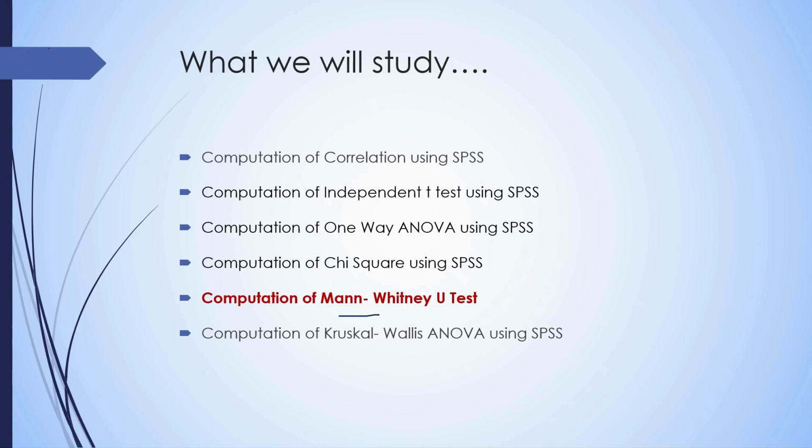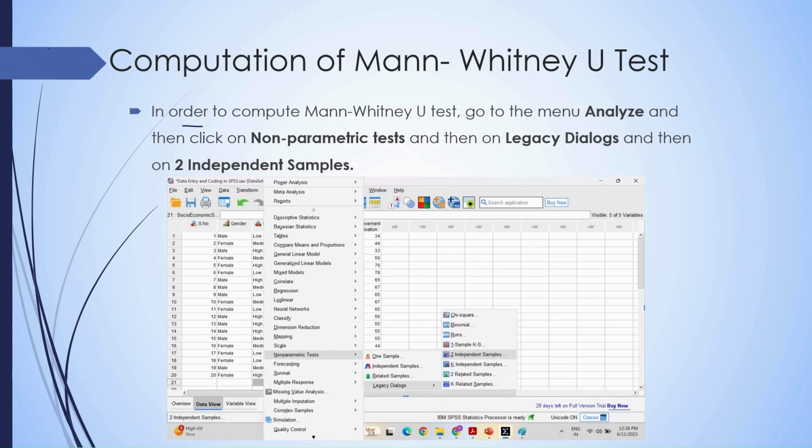Let's see how to calculate the Mann-Whitney U-test using SPSS. So in order to compute the Mann-Whitney U-test, go to the menu Analyze as usual, right? And then click on Nonparametric Tests. We said that the Mann-Whitney U-test is a non-parametric test, right? So in this drop down, find Nonparametric Tests and click on it. And when you click on it, a smaller drop down appears.